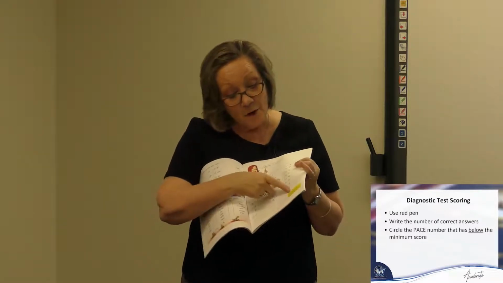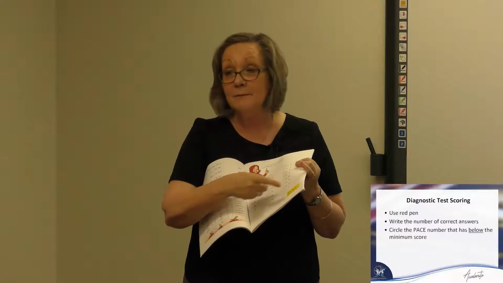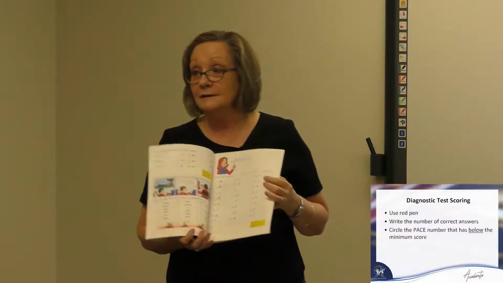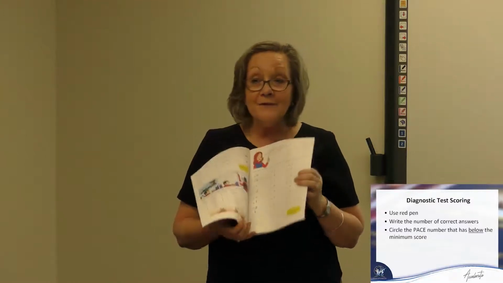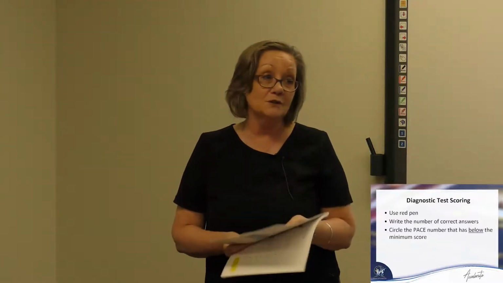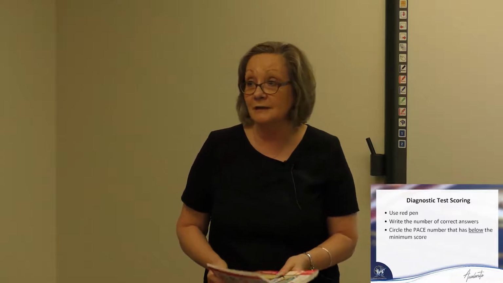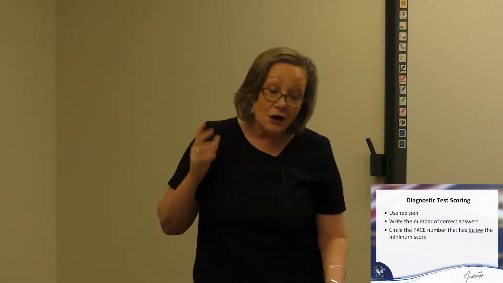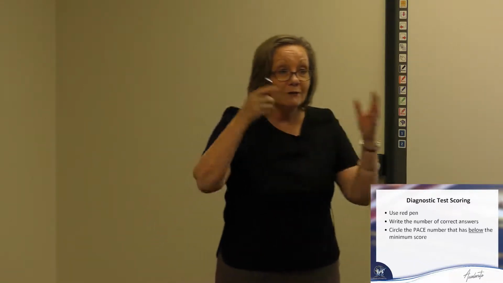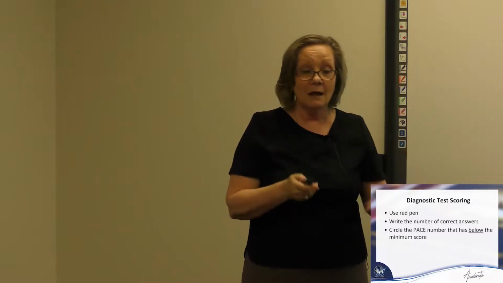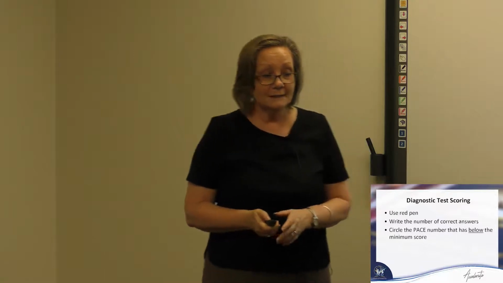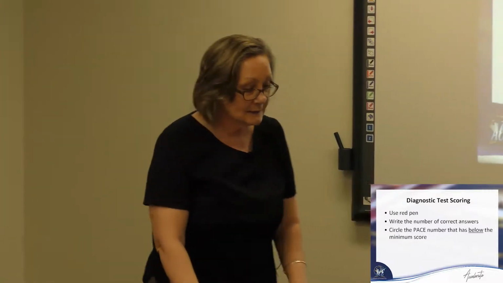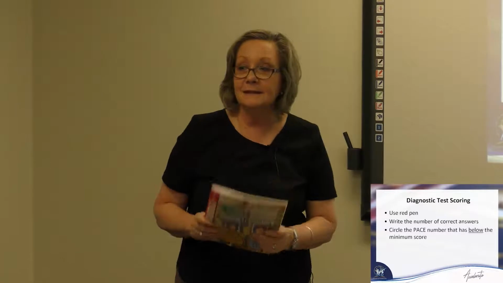Sometimes, possible score 29, minimum score 24. So it'll tell you the possible score and the minimum score. If they score below the minimum score, that's what we're interested in, because that shows that they don't have mastery of whatever it is in that PACE. File the test for further diagnostic testing after the student is established.